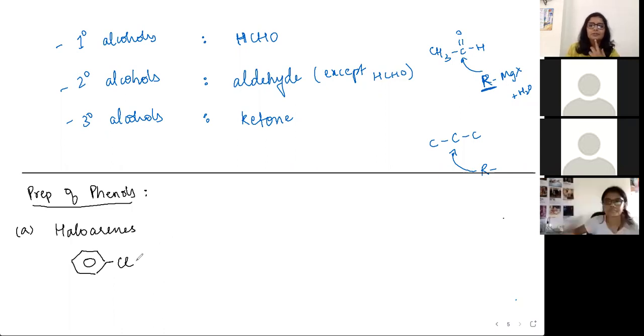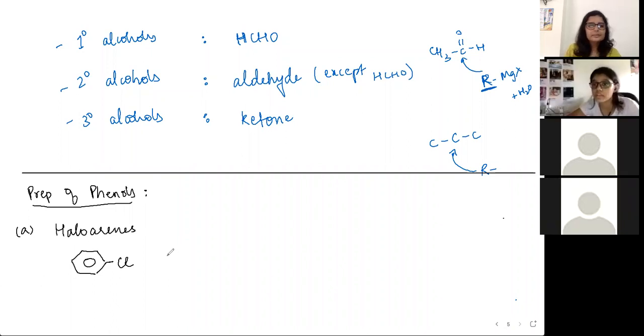Do you remember what is the process for this? Ma'am, I'm sorry, could you repeat that? I got locked out for a second and couldn't hear you. So do you remember the conversion of haloarenes into phenol? We had gone over this reaction in the properties of haloarenes. So it's just seeing if you remember that.